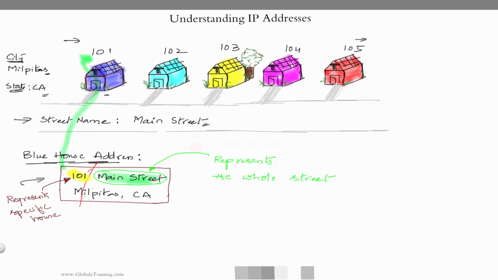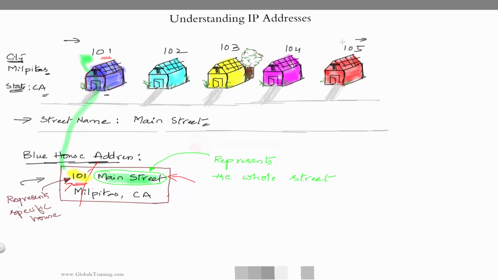So that represents the specific house on the street, and this represents the street, the whole street. Now, why is it important for these houses to have unique numbers? Say, for example, you have 101 here on the same street.